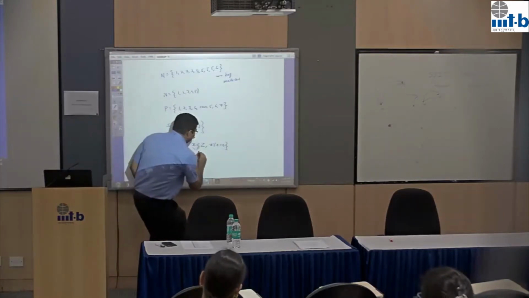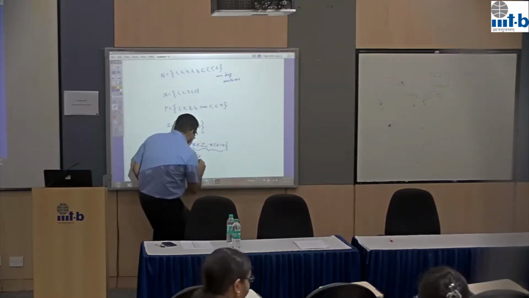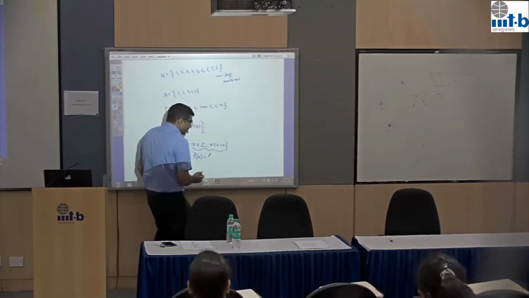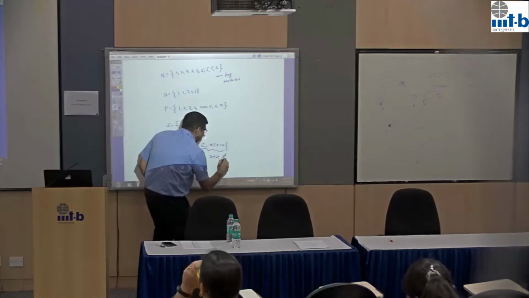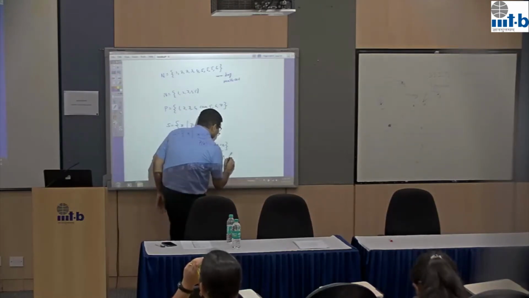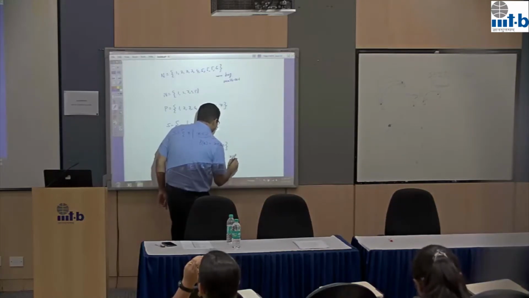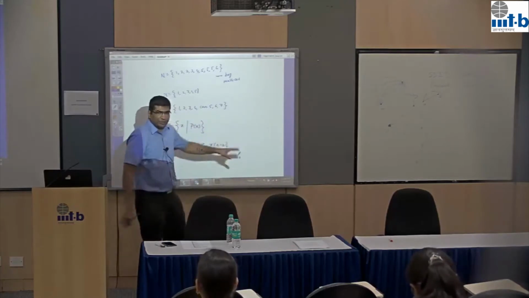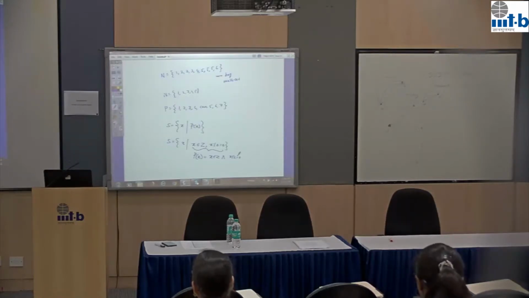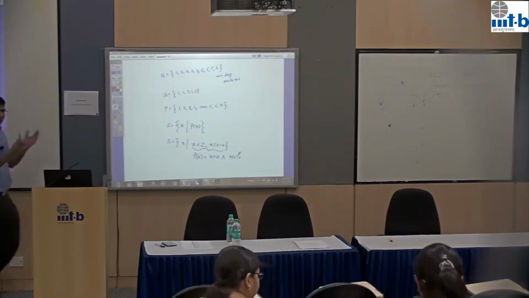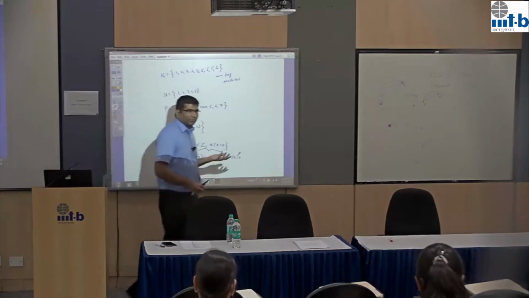The predicate here is this. P of X equal to, I can say X belongs to Z, and mod of X is 0 is true, right? Both of them are true. So this is the predicate that represents the set. Okay, and the predicate has to be true for the set to be true.